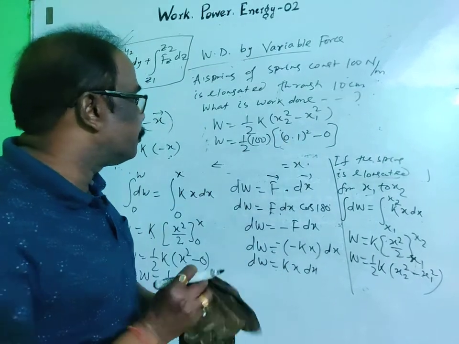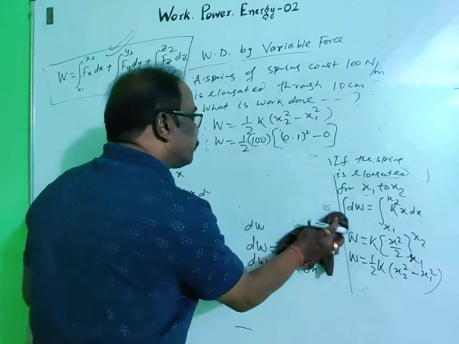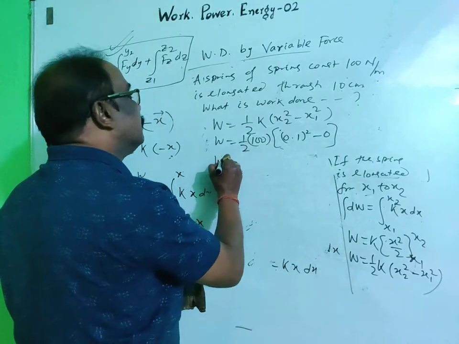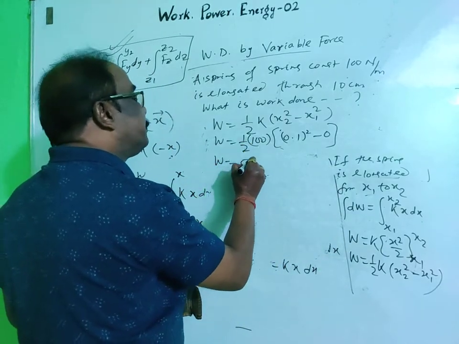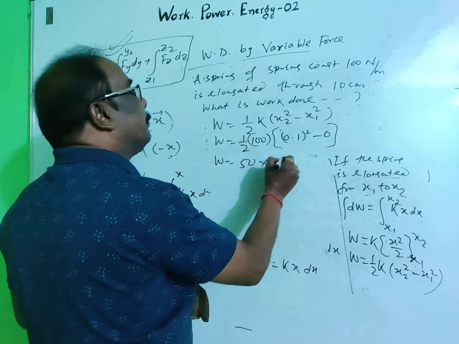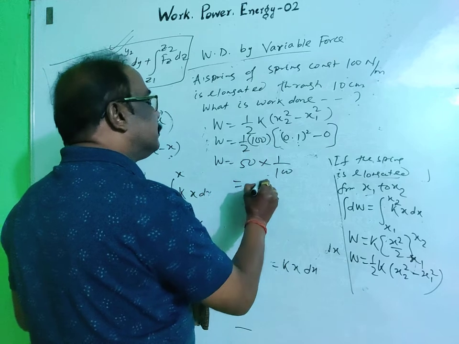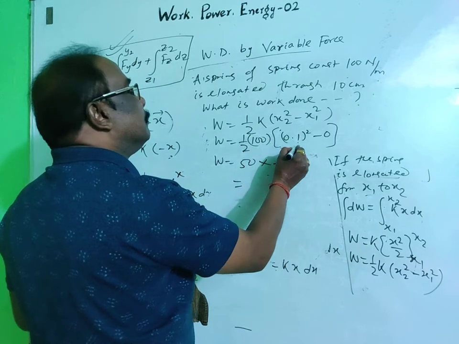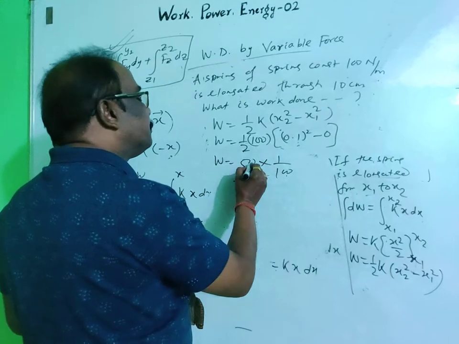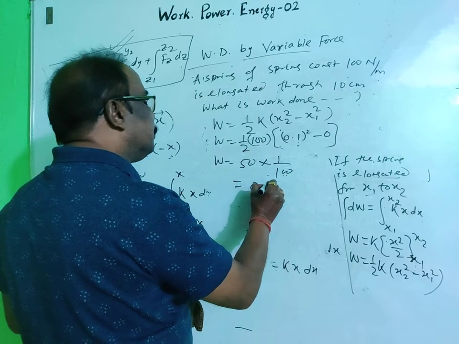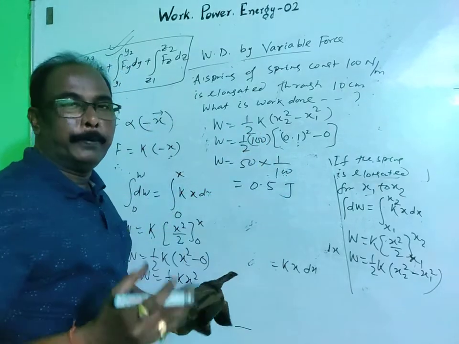Then work is equal to 100 by 2 is 50, 0.1 square means 1 by 100, so 50 by 100, 1 by 2 or 0.5 joule.